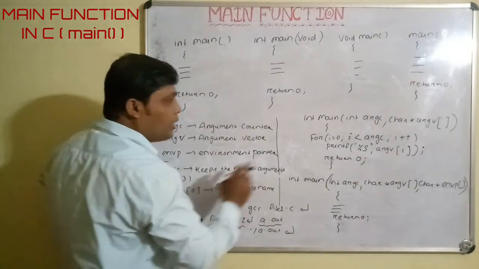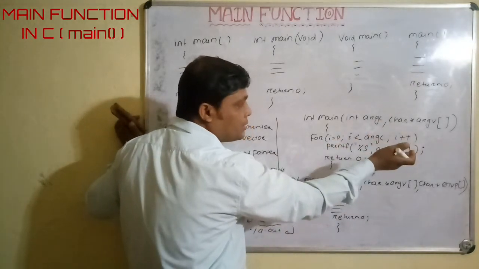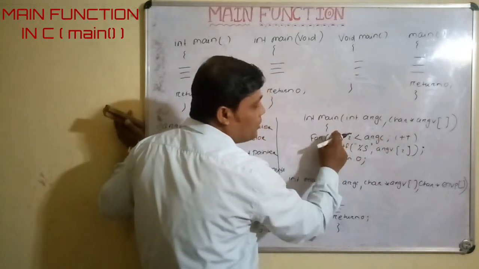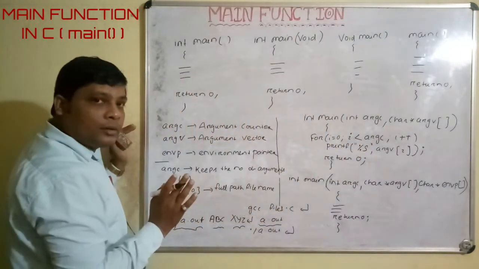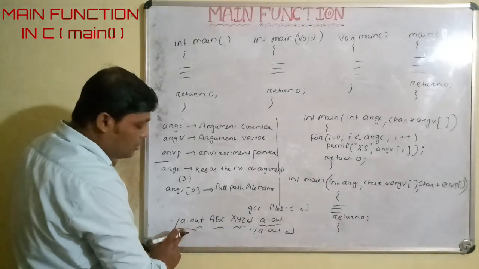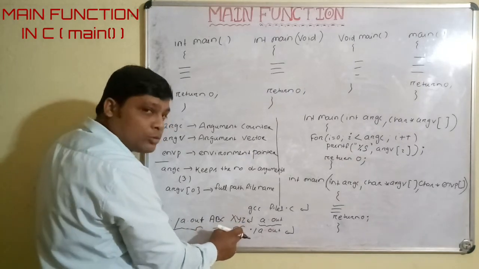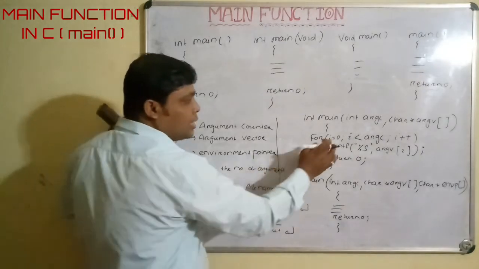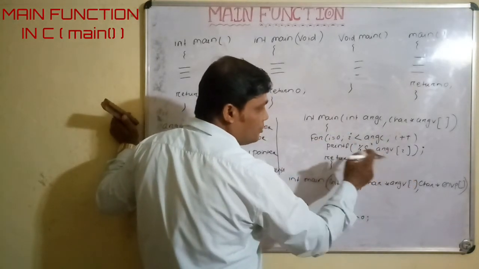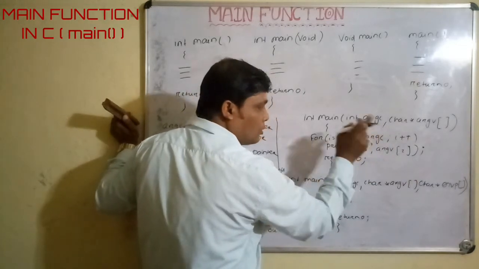So when i is 0, argc is the number of what? Arguments or parameters. So i equal to 0, i less than 3, so it will work for 0, 1, 2. Clear? 3 arguments, 3 parameters I am giving. First is the file name. Second parameter is abc. Third parameter is xyz. So total 3 parameters. It will print argv 0, argv 1, argv 2.